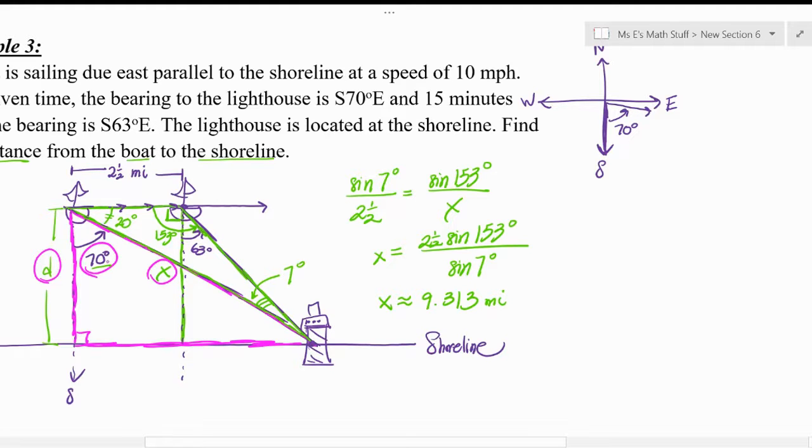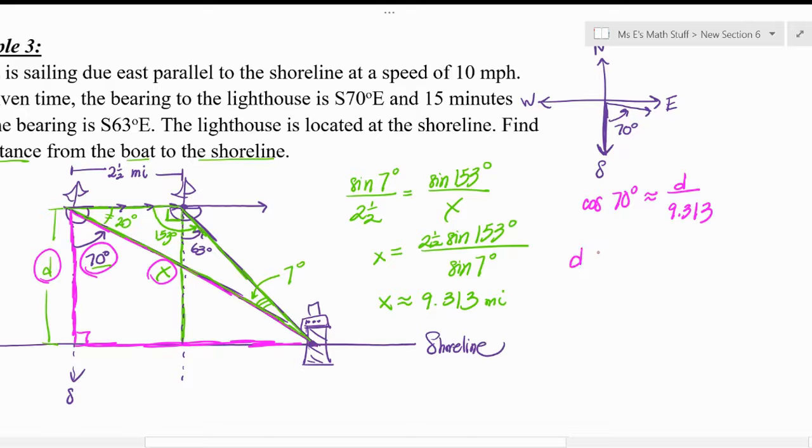Compared to the 70-degree angle, I want the hypotenuse of this right triangle, and I have the adjacent side. That sounds like cosine to me. So cosine of 70 degrees would equal adjacent, which would be D, over hypotenuse, which I've found to be 9.313, etc. I still have that value sitting on my calculator with all the extra decimal-y goodness.